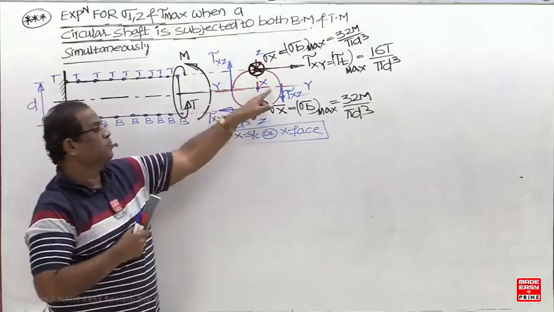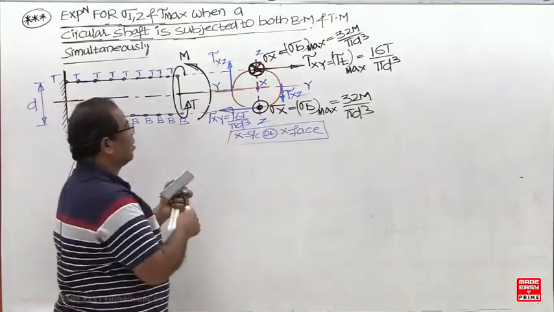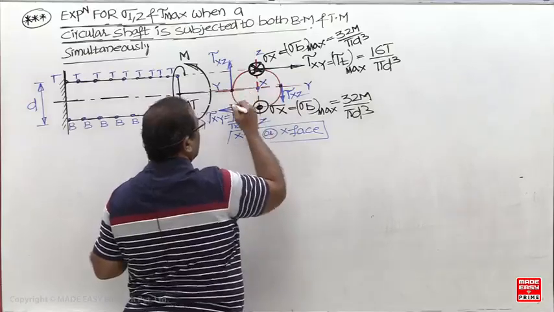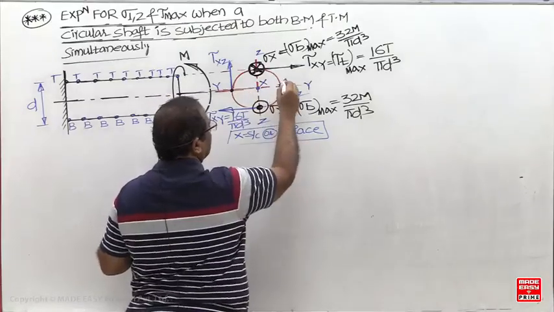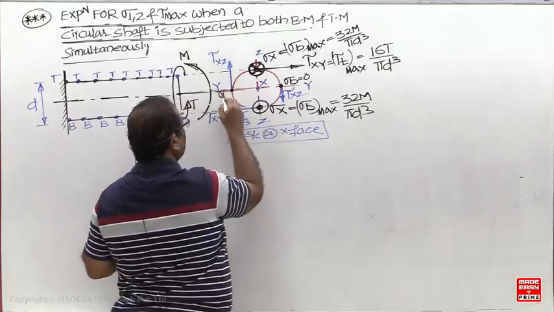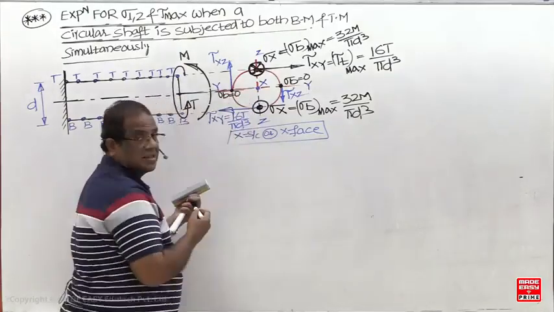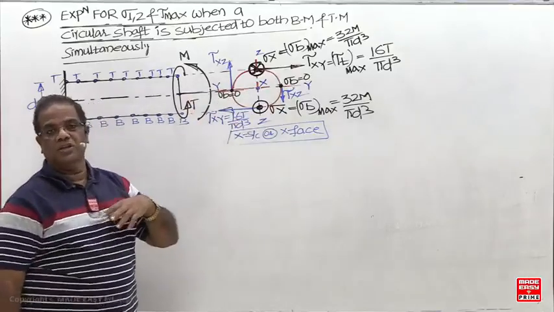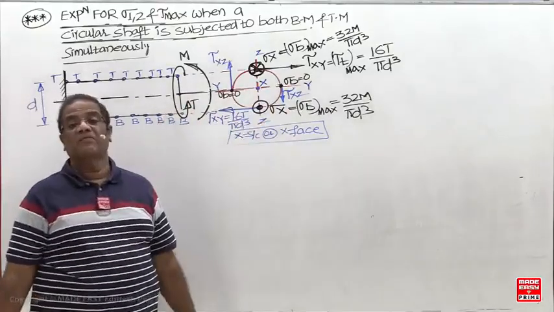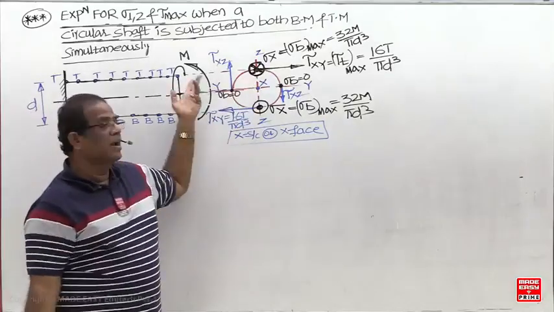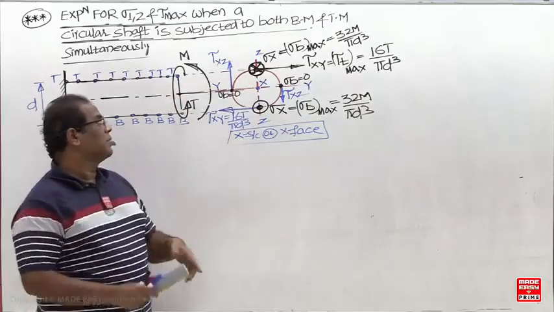Bending stress is 0 at this point, that is, sigma x is 0. At this point you are getting only torsional shear, because these are on the neutral axis due to vertical bending. So overall, which is the critical point? Top and bottom. Anyone you can take now. Top and bottom are critical points.